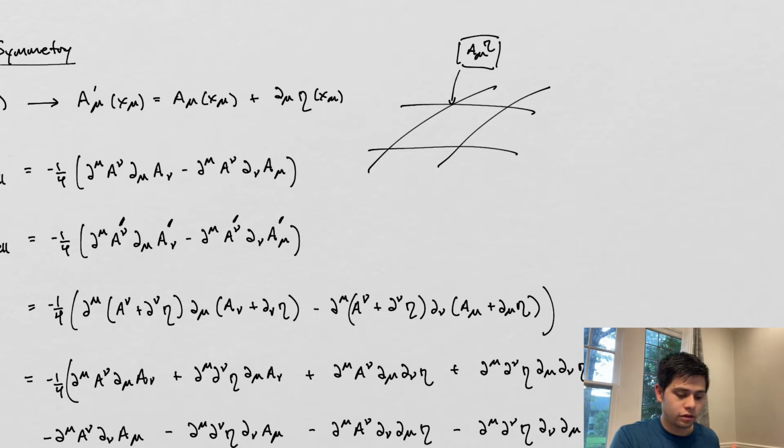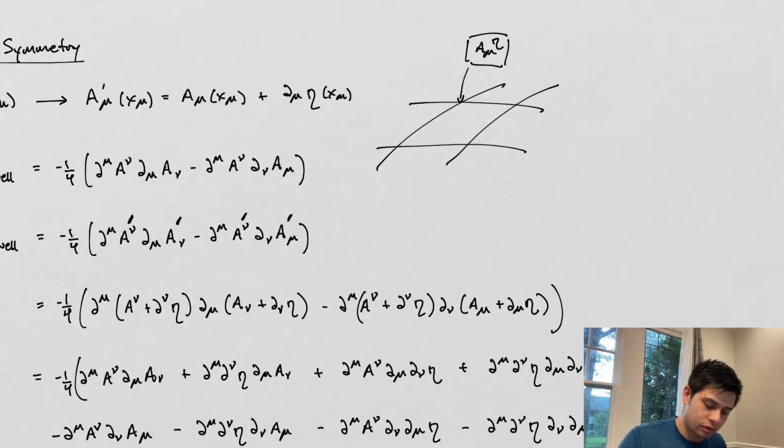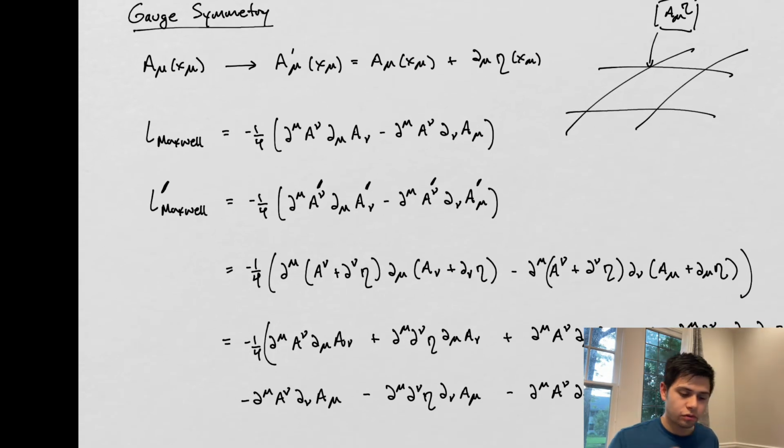And this is what we're adding to this right here. Okay? So nothing much is happening. We have this function on the spacetime. This is a scalar function. This is a scalar field. And we're really just adding it to our original 4-vector field. Okay?